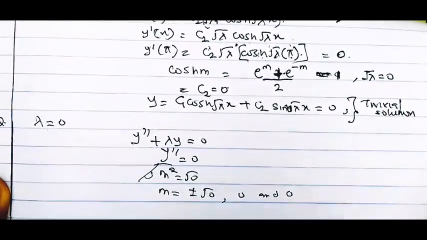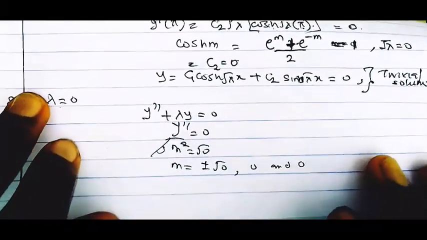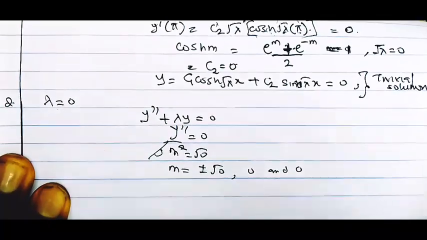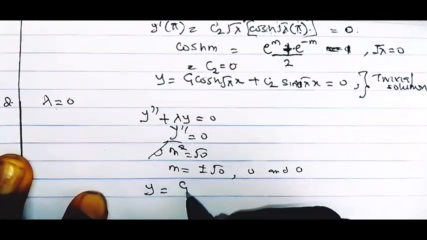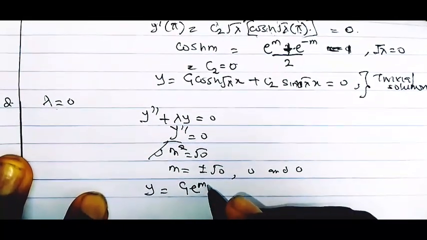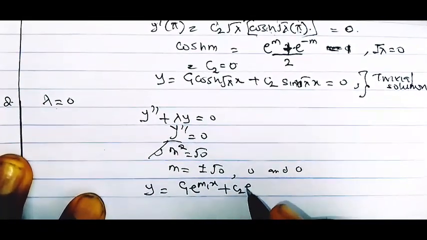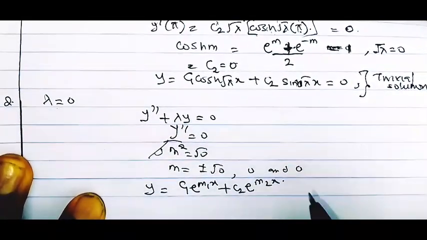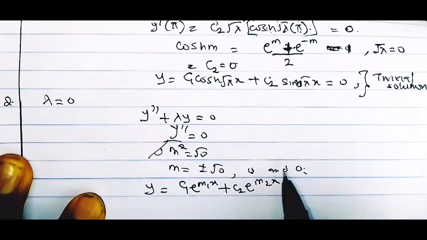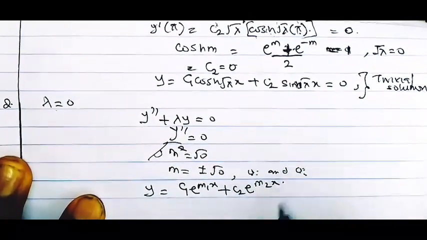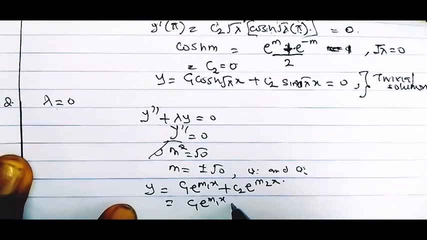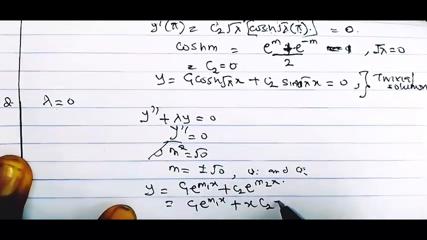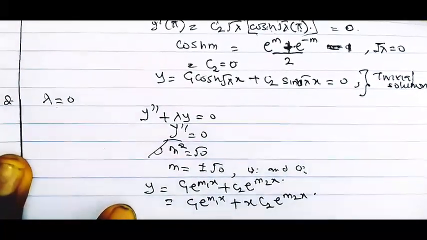So remember, when we're having two equal roots in a second order differential equation, our standard solution is usually y is equal to c1 exponential m1x plus c2 exponential m2x. So when we're having two equal solutions, we'll be having c1 exponential m1x plus x c2 exponential m2x, right?